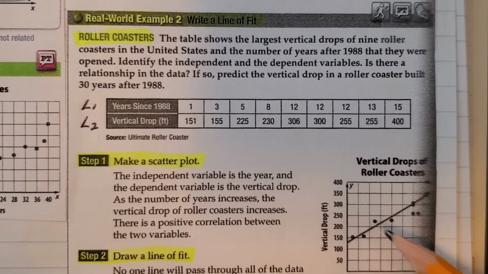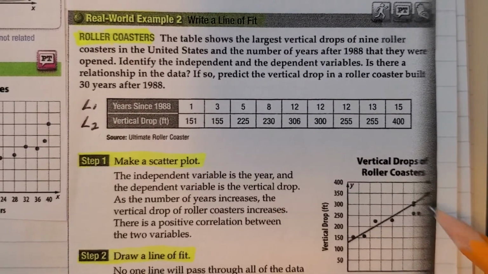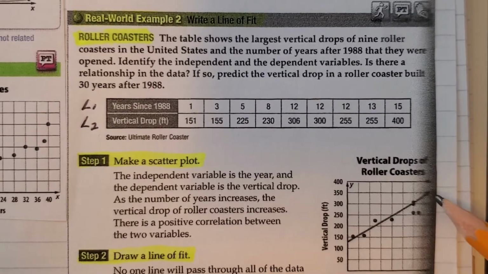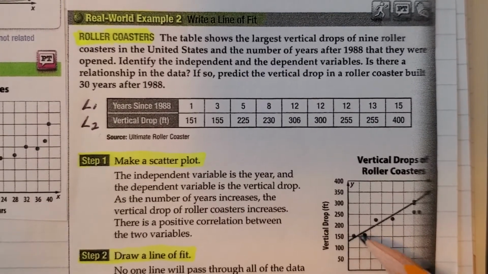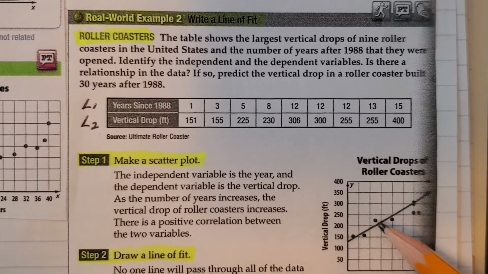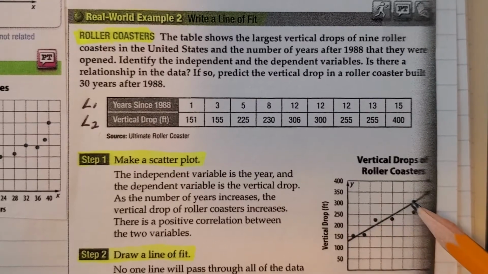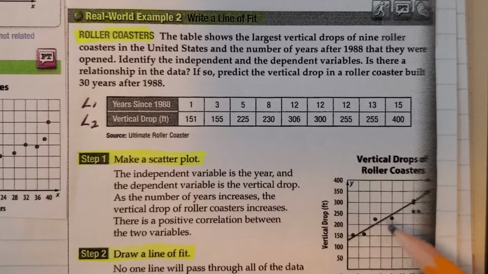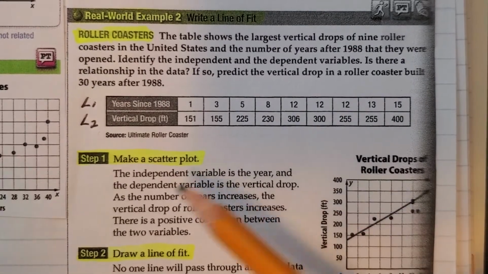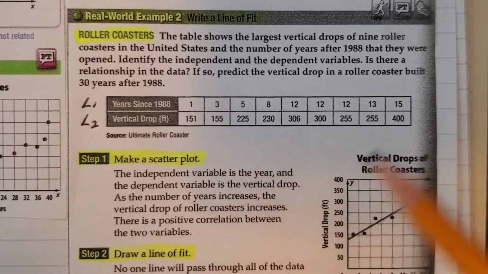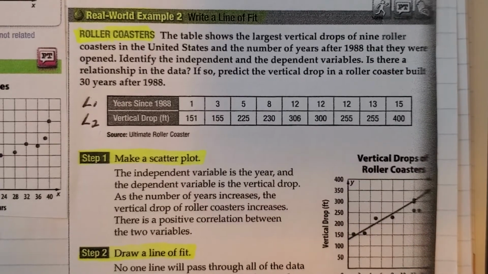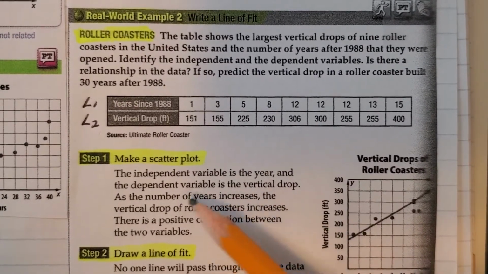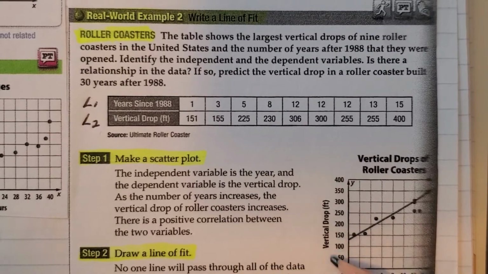If you put the points on a graph, you would see these points. When you draw a line of best fit, you want so many points above the line, the same number of points below the line, and a couple of them on the line. The independent variable is the year, years since 1988, and the dependent variable is your vertical drop.